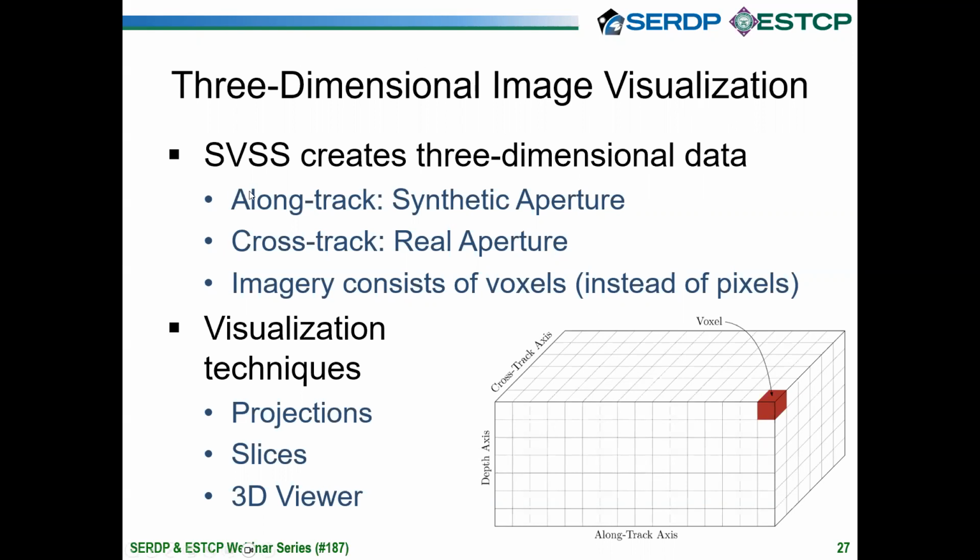When we create this three-dimensional data, the way the sonar system works is in the along track direction. The along track direction is the direction that the boat, that the sonar, is traveling. We use a technique called synthetic aperture sonar beamforming, or synthetic aperture sonar reconstruction. In that direction, we transmit a sequence of pulses at a fixed spatial interval.